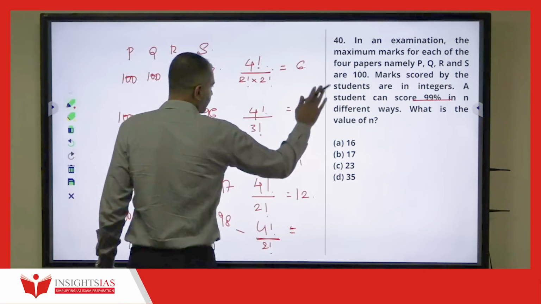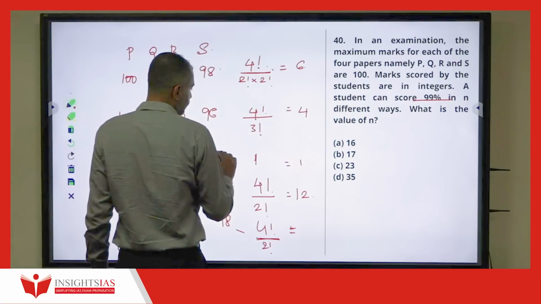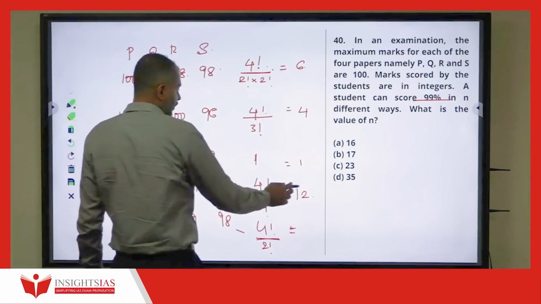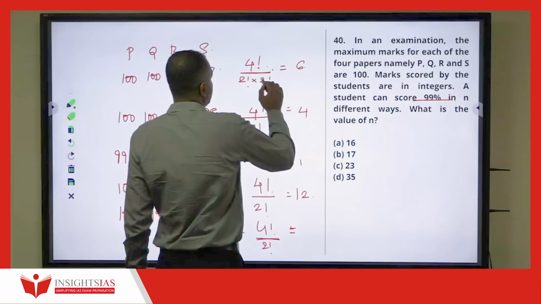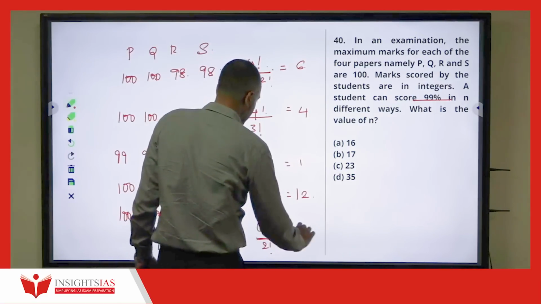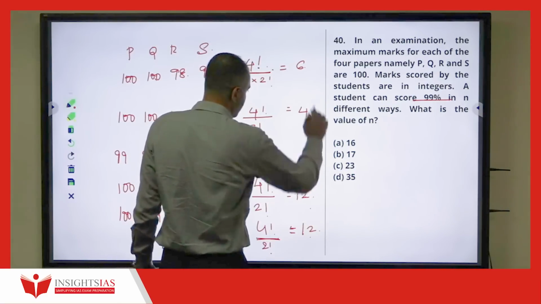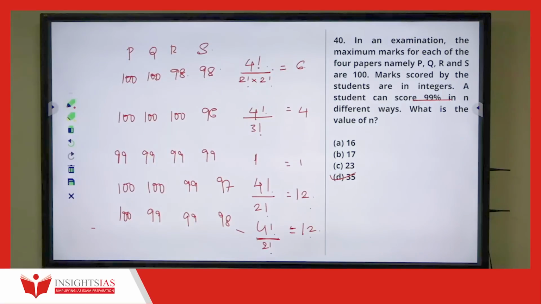This is only 4 times, isn't it? 4 into 3 into 2 by 3 into 2, so 4. This is 1. 4 factorial by 2, 2 gets cancelled, 3, 12. Okay, 24 by 4, that is 6. And this is 12. 24, 30, 34, 35. Now correct. Okay, this one is correct. 35.